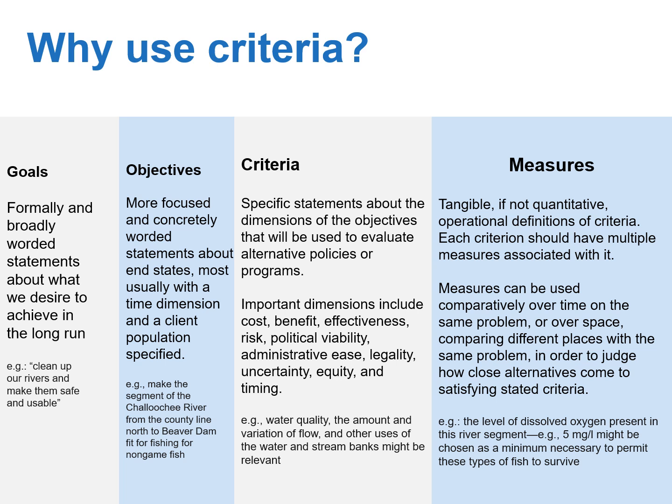For example, water quality, cost, legality, equity. Measures make criteria operational. For instance, this can be dissolved oxygen levels at 5 milligrams per liter, serving as a threshold for fish survival. So we move from broad values to specific objectives to criteria, and finally to measurable indicators. This sequence helps us connect vision to evidence, and vice versa.